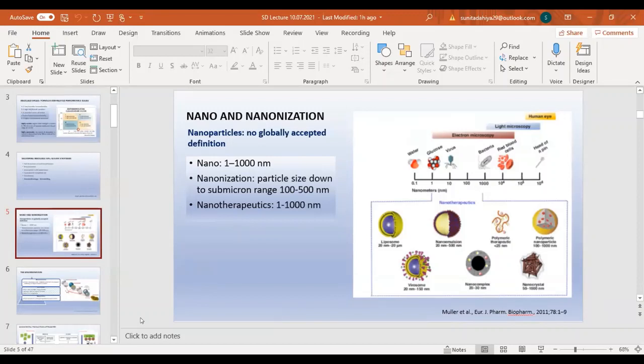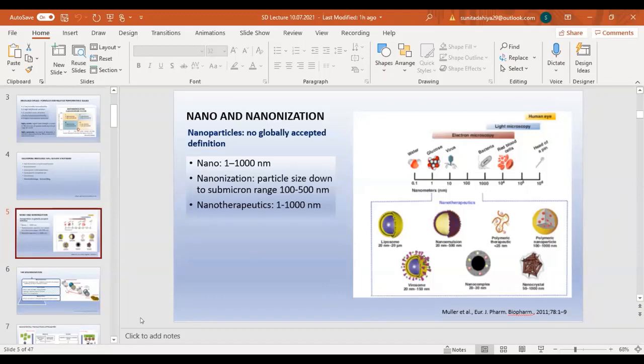Usually, particles which fall in the range of 1 nanometer to 1000 nanometers, that you can say approximately less than 1 micrometer, are considered to be nano. Whereas when we say nanonization, we usually talk about when the particle size goes down to the submicron range, that is the range which is usually considered 100 to 500 nanometers.